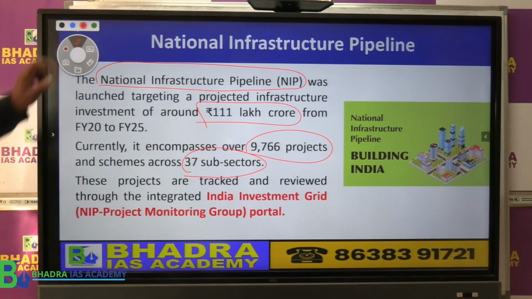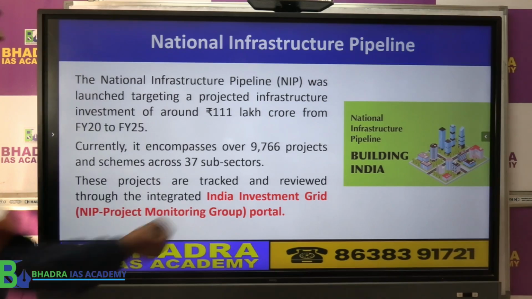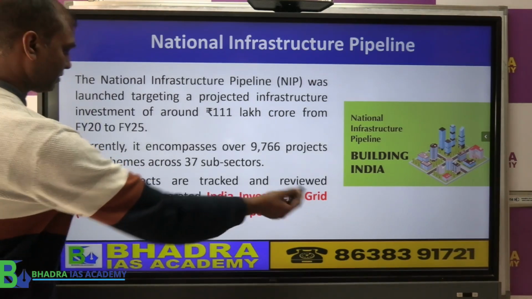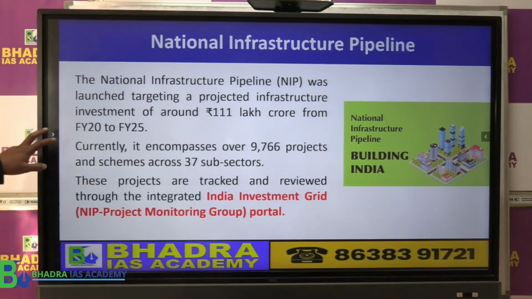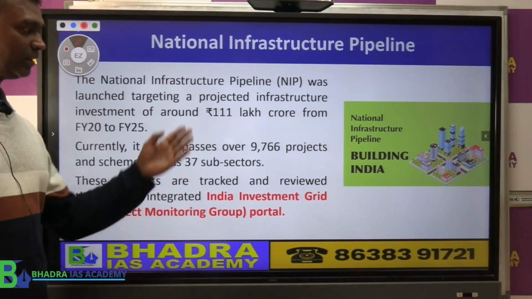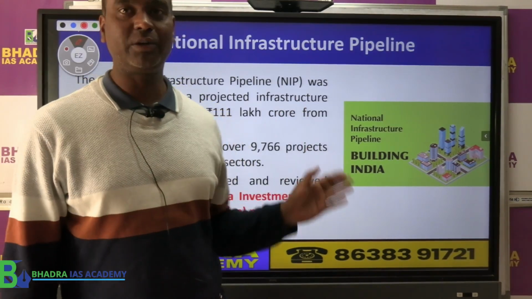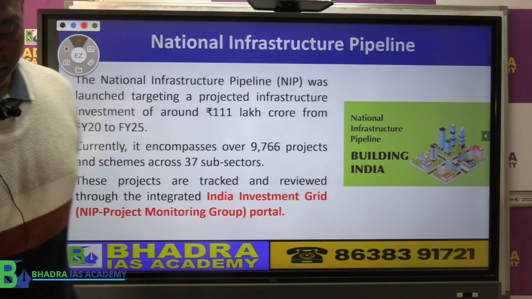All these projects are monitored and reviewed by the government through what we call the India Investment Grid. Okay, so that is the portal through which the government is keeping track of all these projects. From the prelims point of view, this kind of basic statement-based question can be asked in the exam.